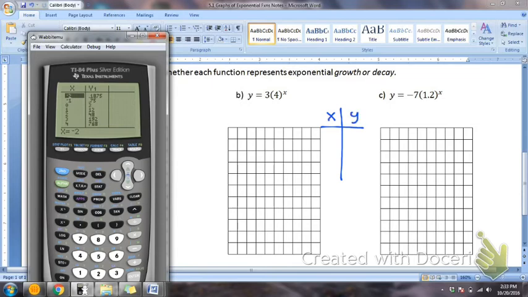I'm looking for 4 points on every graph that you do. Whatever 4 points you want, but I'm looking for 4 points.